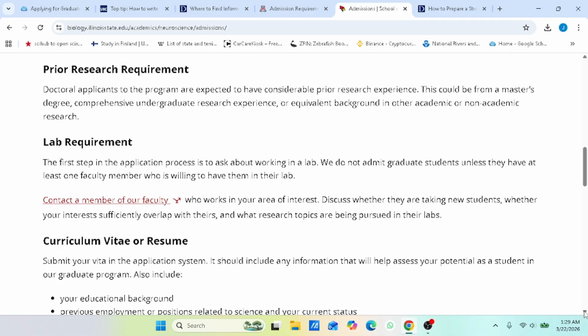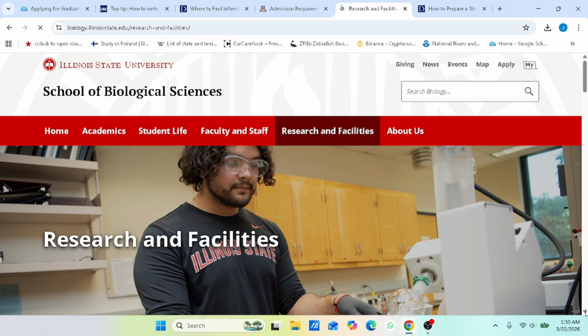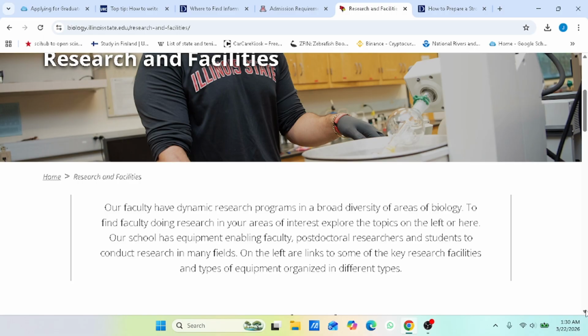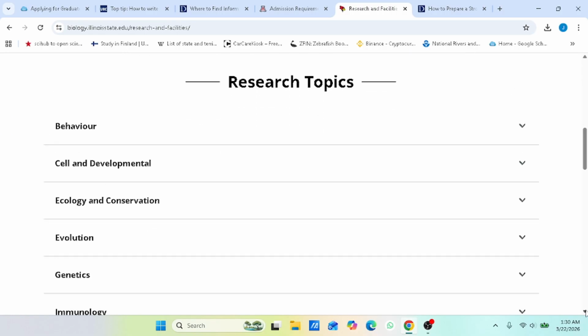They have given a link here to the faculty members in the department, so that by clicking on this link, you will go to a list of the professors. From the list, you will have a look at what kind of research each and every one of them does. So from the research, you will be able to choose which professor has research which aligns to your research interests.